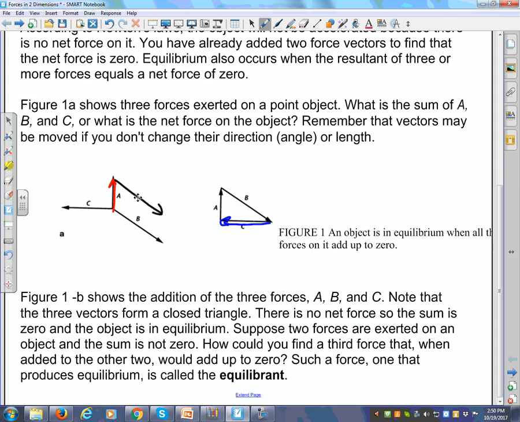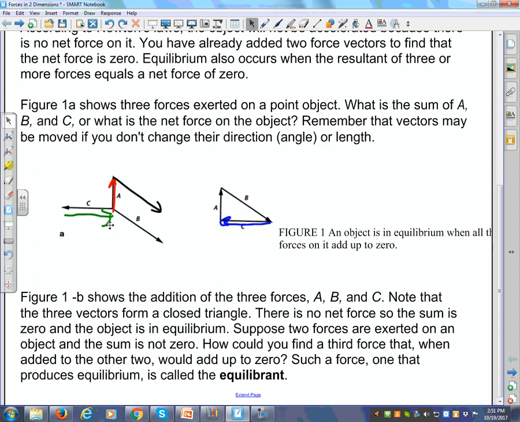It looks like, if I do this, here's the resultant. Let's just do it in green. So that's the resultant of those two, right? But that looks an awful lot like C, but in the opposite direction, isn't it?